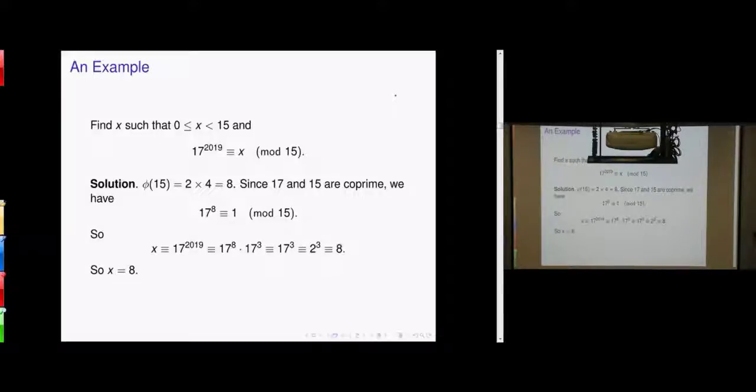The purpose of little Fermat or Euler is to get some power congruent to 1. As soon as we get some power congruent to 1, it's very easy to handle other powers. Once you have this as the base, you continue to get other results.